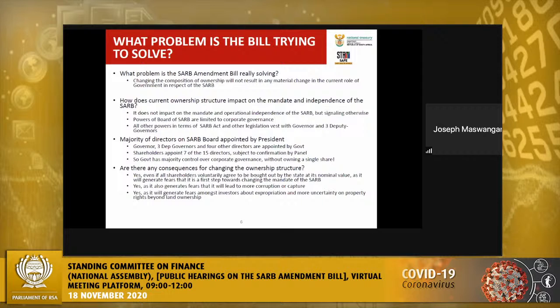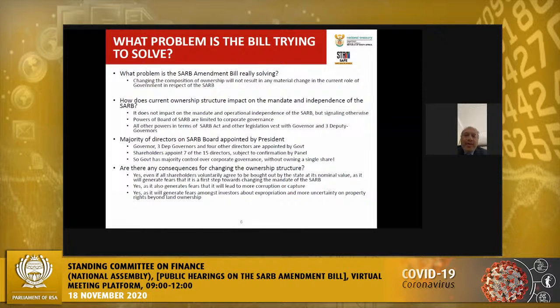The president appoints the governors and deputy governors, and once appointed, they have full operational independence to determine monetary policy. The shareholders have absolutely no say in the policies of the SARB as led by the governor and deputy governors.